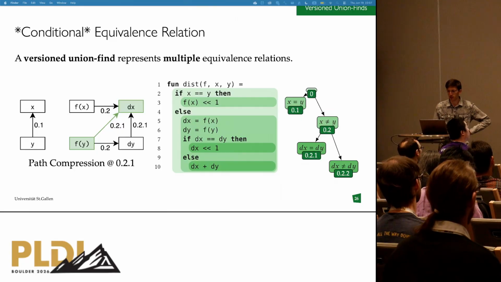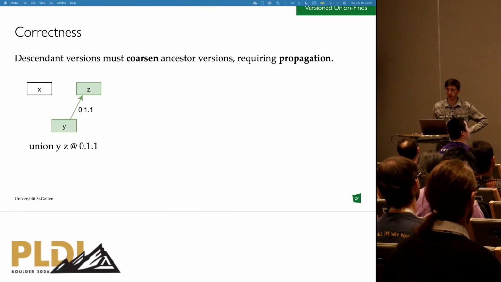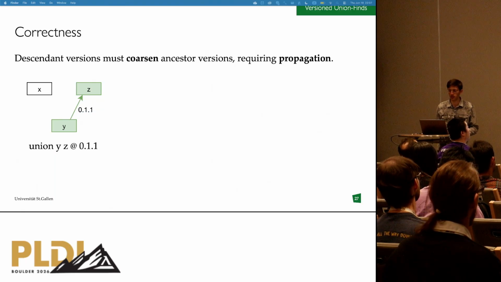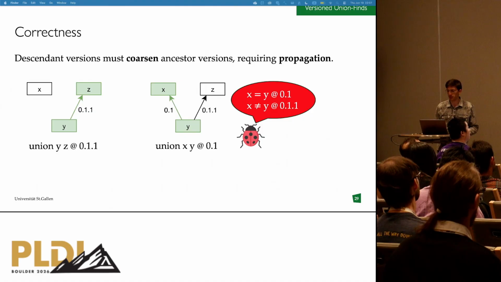Right. So there are a few problems with this, which first is to ensure correctness. That is, as I said, descendant versions must coarsen ancestor versions. So I can construct an example like the following, where I'm unioning y and z as a descendant, and then y and x as an ancestor. And now what happens is that I have that x is equal to y at the ancestor, but not at the descendant anymore.